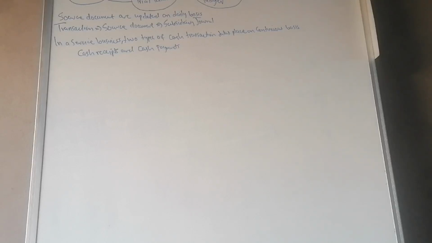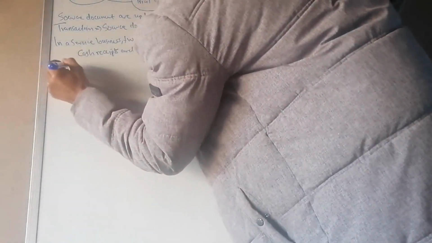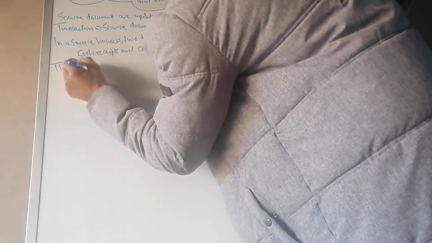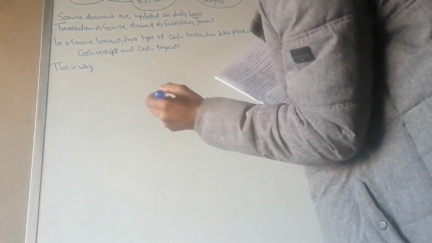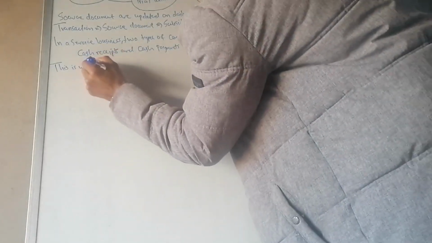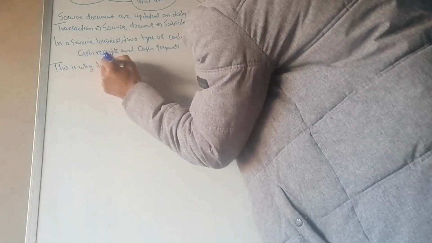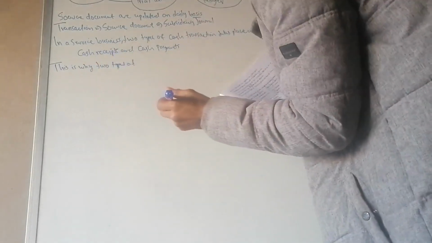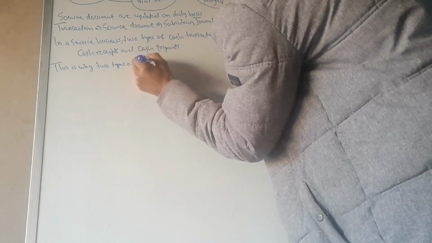This is why two types of subsidiary journals are used to summarize the transactions.